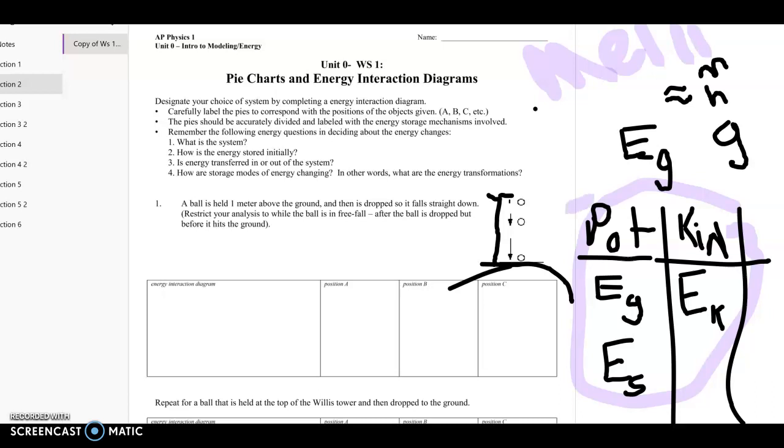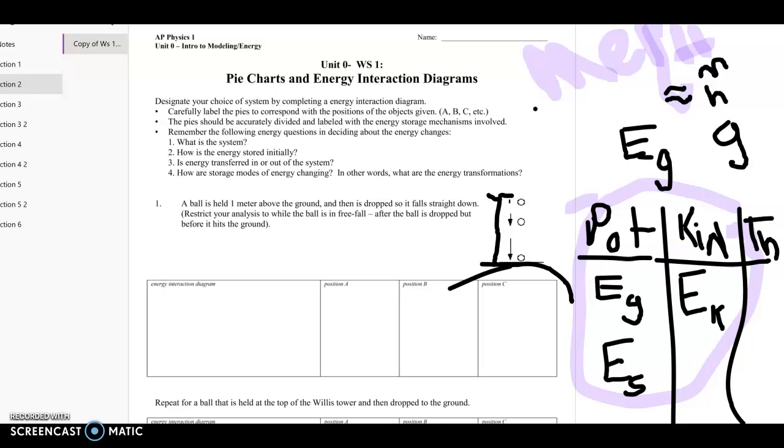Okay, anything that's not this is not mechanical. And then we have one more over here that is thermal. It can be dissipated or internal, that's all the same.